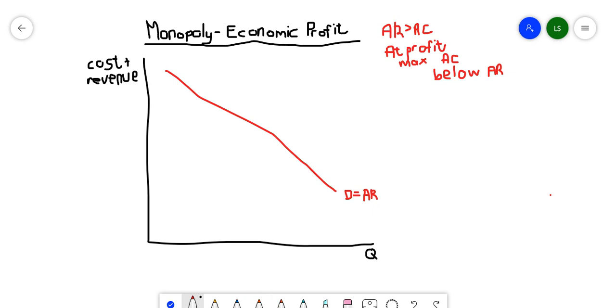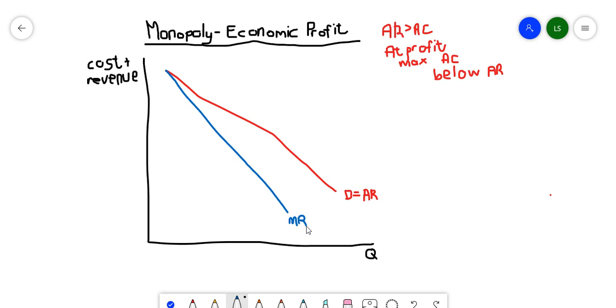So for unit 1, and as I said, literally just for unit 1, your price and your marginal revenue will be the same. But after that, because he has to decrease his price, his marginal revenue will always be less than his price. And therefore, his marginal revenue curve is below his demand curve.